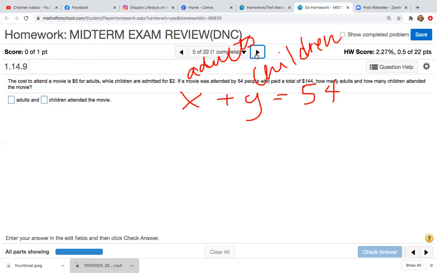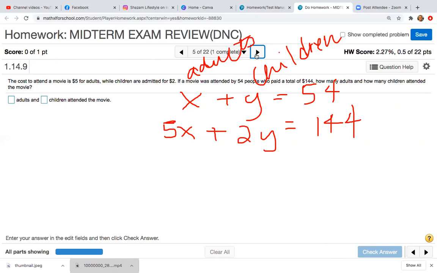And the adults paid $5 per ticket, while the kids paid $2 per ticket, and the total collected was $144, okay? So you got a system, you got to solve the system. You got a couple of options to solve the system. You can use substitution or elimination.